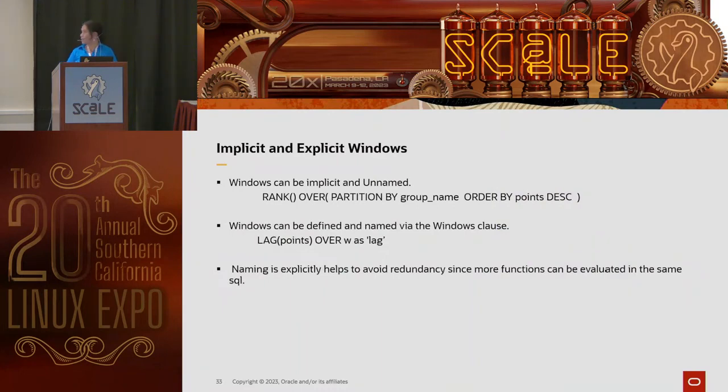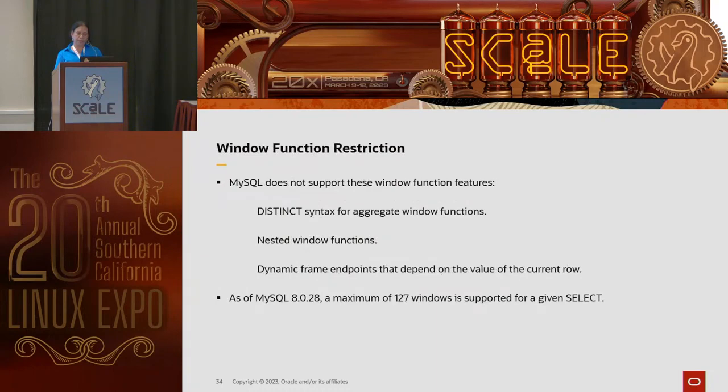So this is what I was talking about, that you can have an implicit window or explicit window. If you don't mention it, it usually creates an implicit window. But if you want to call it explicitly, you give a name and then use that as the explicit window name.